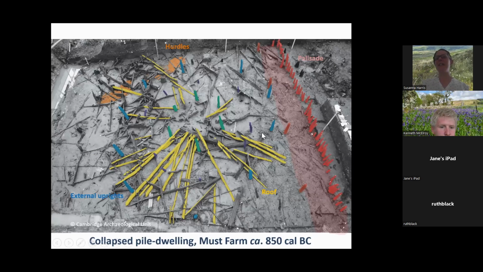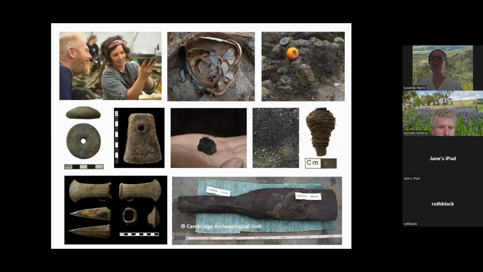And what we're looking at are different colours indicating the collapsed roof, the blue, the posts for the dwelling. Here we can see the central, the green post, the red, the palisade, have these collapsed structures, these very richly preserved floors of material culture. And yes, there's the ceramics there and beads, the metalwork as we'd expect for late Bronze Age sites, but also wood, and just a wonderful collection of preserved textiles.